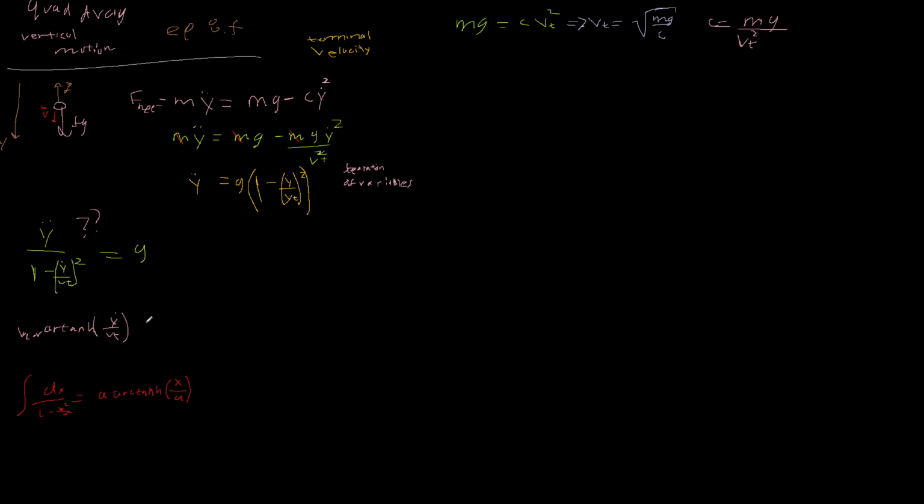And this is obviously equal to g times time. So we can do some more simplifications. We find, so this gives us y dot is equal to our v terminal times the hyperbolic tangent of gt over terminal velocity.